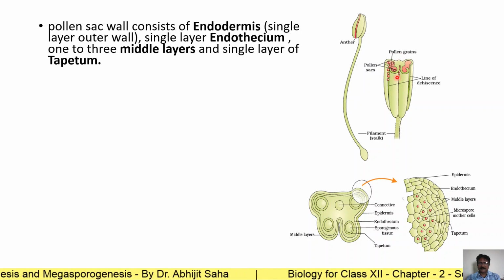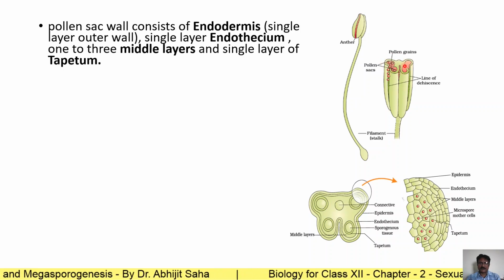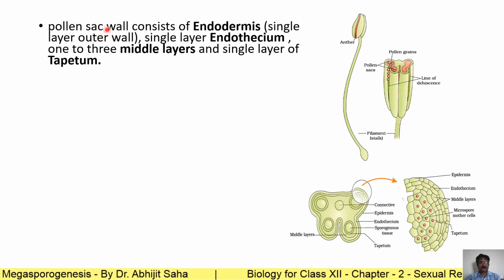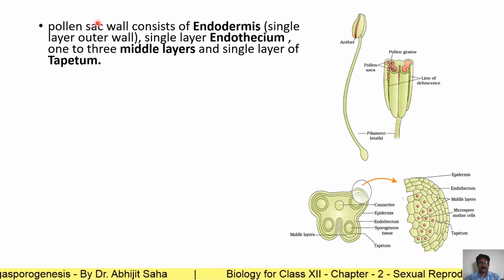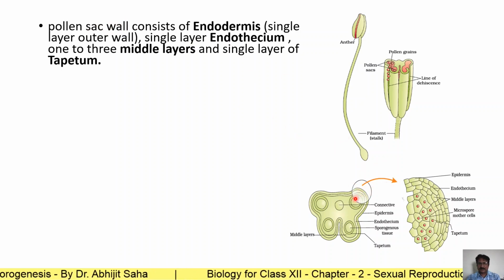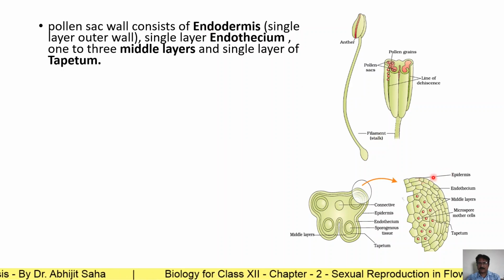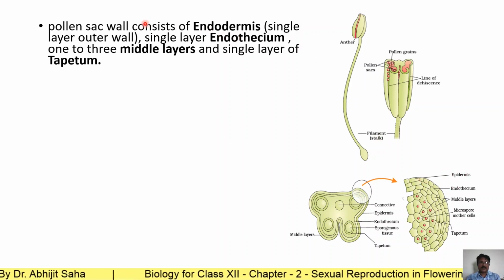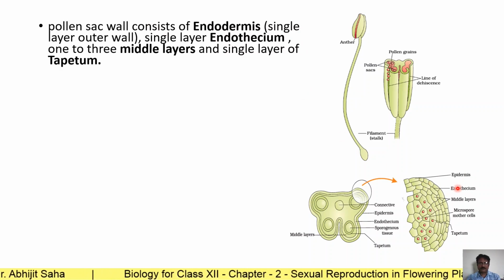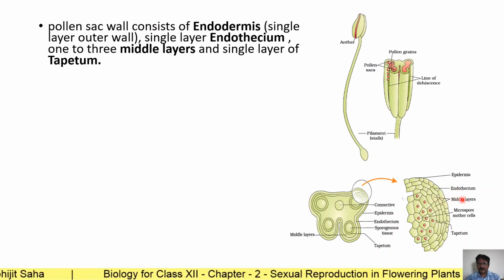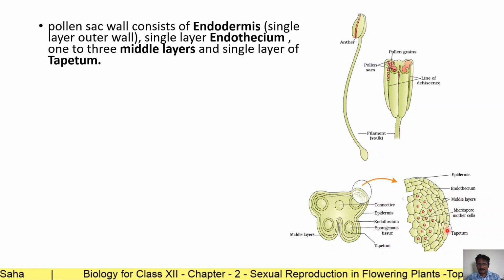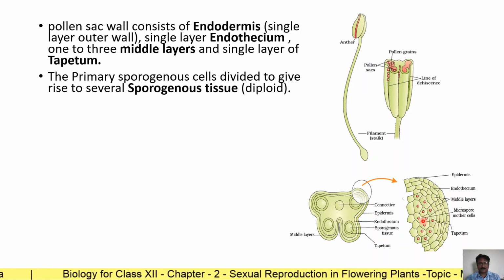Here you can see the tetrasporangiate structure. Now, this pollen sac wall consists of the epidermis, a single layer of endothecium, 2 to 3 middle layers, and finally the tapetum.